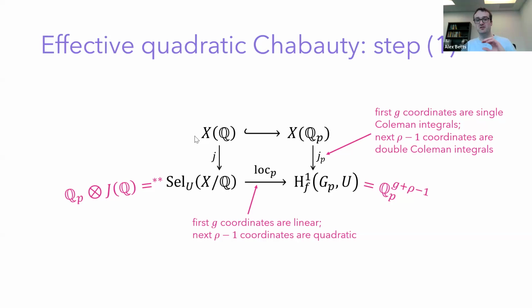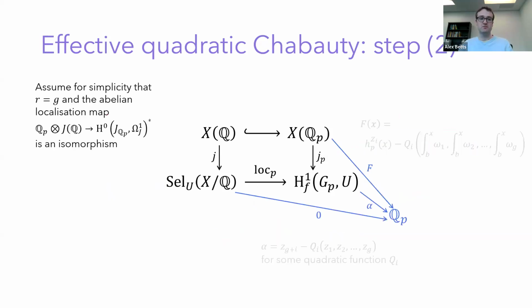So the next thing I want to do is to use this information to say something about this Chabauty-Kim function f that came out. I'm going to make some slightly simplifying assumptions, which I've written on the left-hand side of the slide. In particular, I'm going to assume that the Mordell-Weil rank of the Jacobian is equal to the genus. I'm going to make a slightly stronger assumption than that.